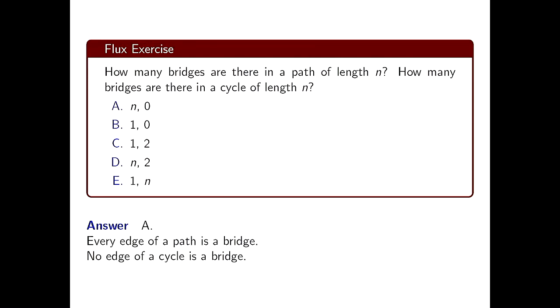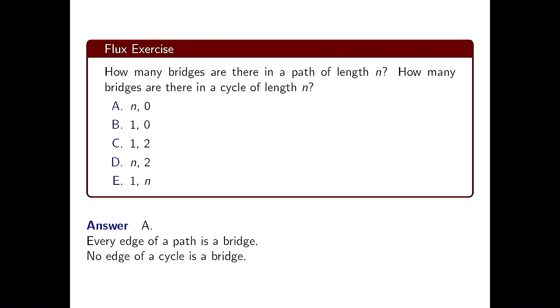So any edge I get rid of in a path will disconnect it. Now for a cycle, any edge I take will result in a path, but the path will still be connected. So I've got this redundancy that if I can't go around one way between 2 vertices, I can go around the other.